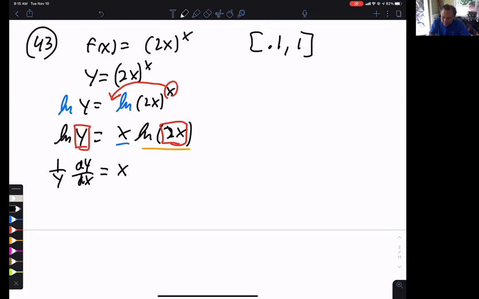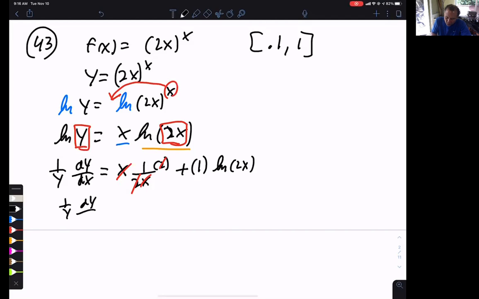The derivative of ln of box is 1 over box times the derivative of box, and that's just 1. Plus, you take the derivative of the first and leave the second alone. So we get 1 over y dy/dx is 1 plus ln of 2x.